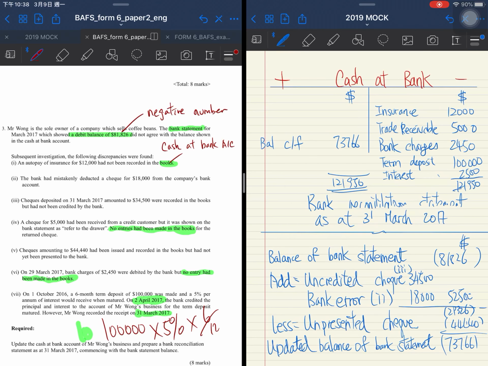On the right hand side we have 121,950. So we can find the balance brought forward. We have 48,184. Okay, so that's the answer to question 3.